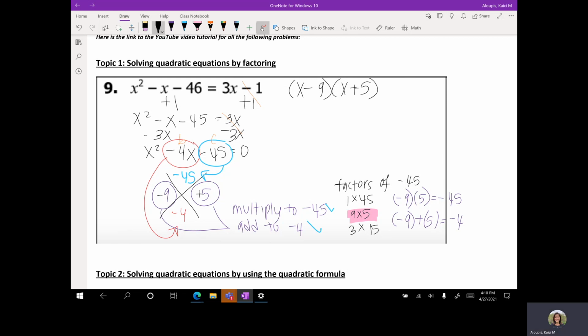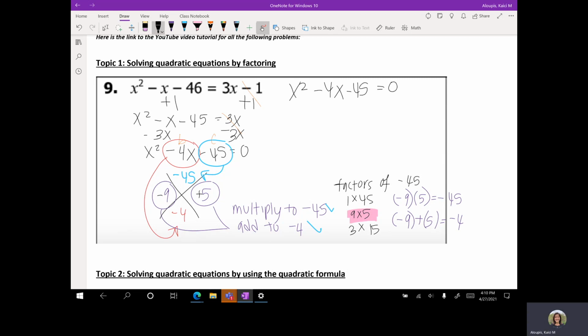That is the factored form of this equation, x squared minus 4x minus 45.